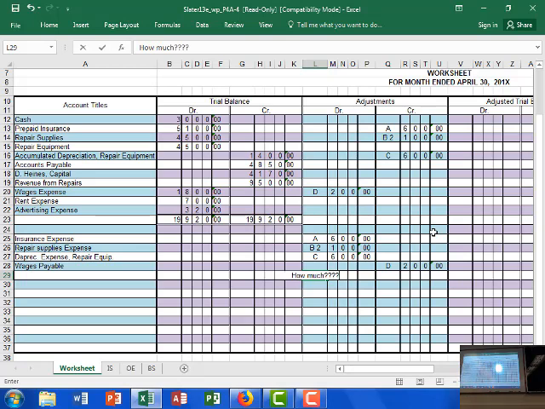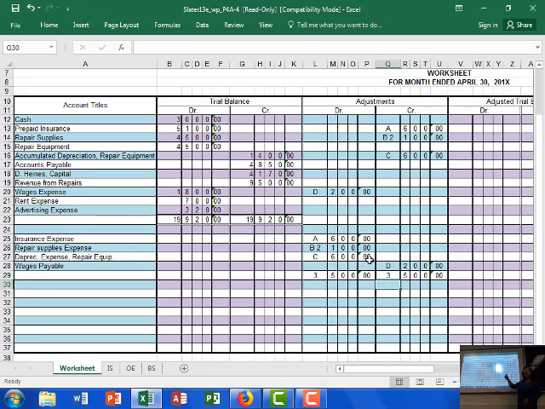How much do we have on one side? $3,500. So you should have $3,500 on your debit column, and this should also add up to $3,500 as well.